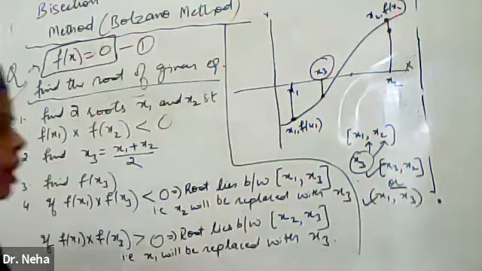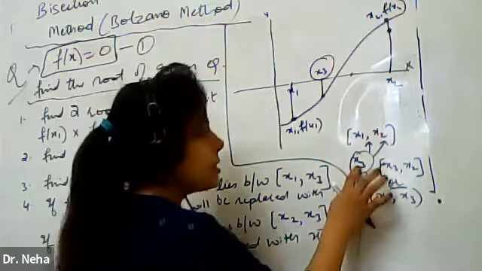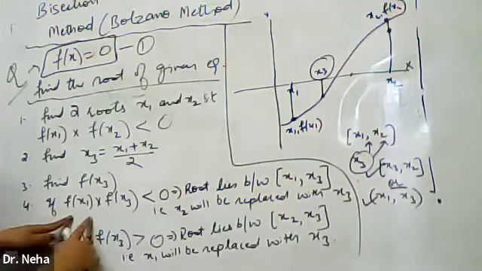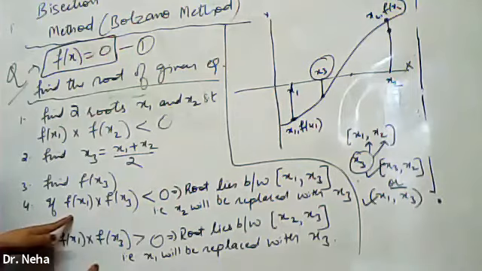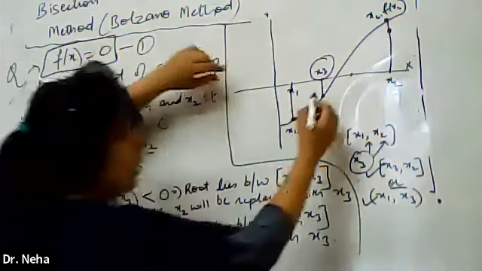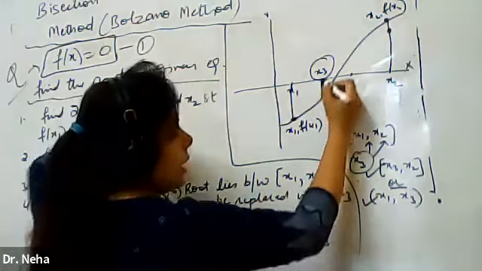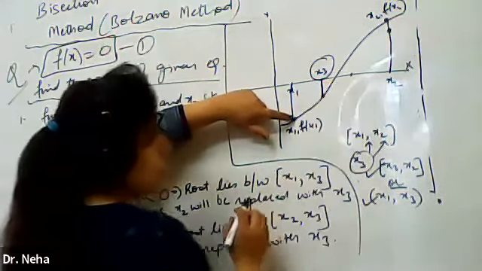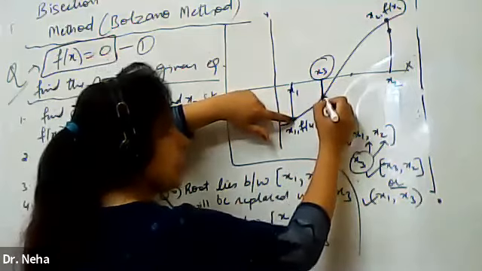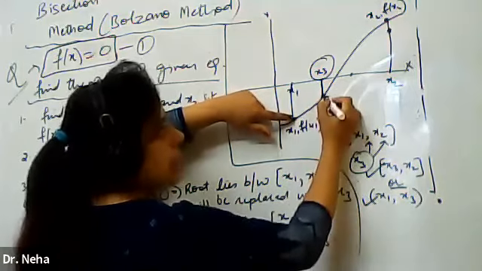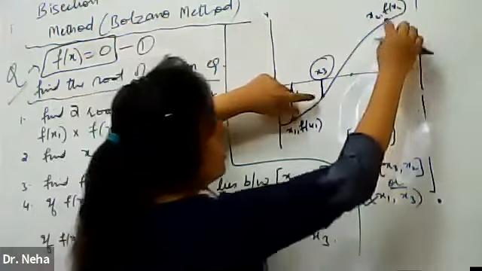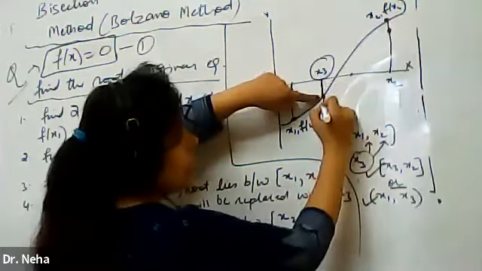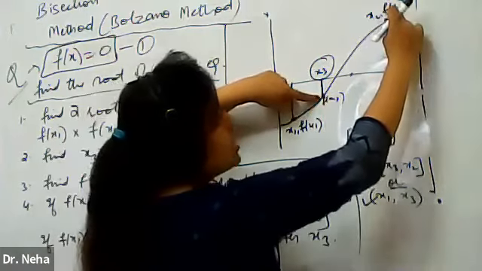Clear? Now how will we decide whether x3 replaces x1 or x2? This is the condition. See, if f(x3) is negative, negative means downside. f(x1) is negative and f(x3) is negative, so both cannot lie on the same side. That's why we will consider x3 and x2. f(x3) is negative and f(x2) is positive.